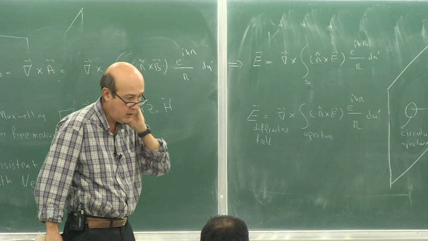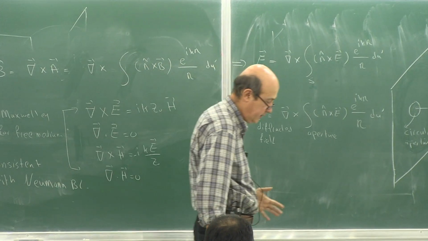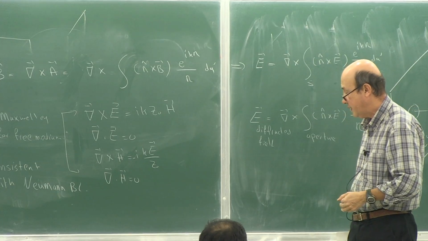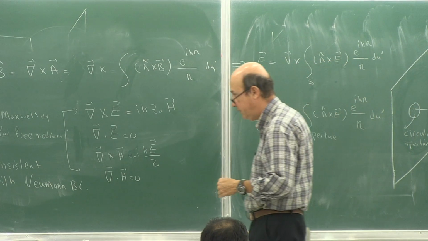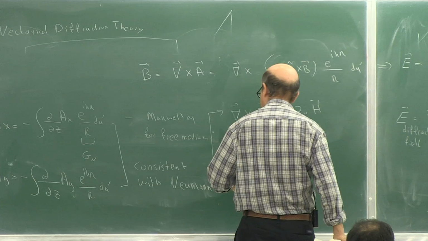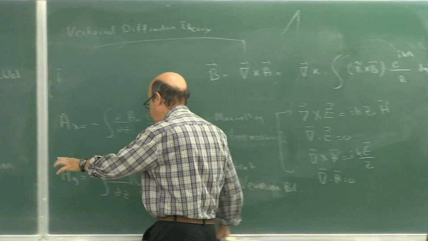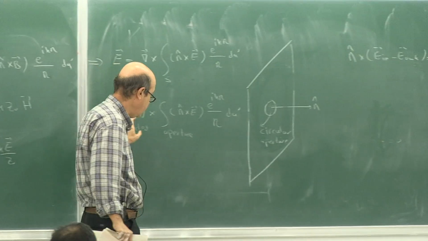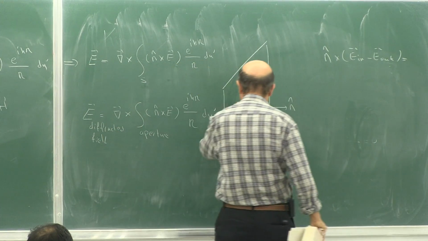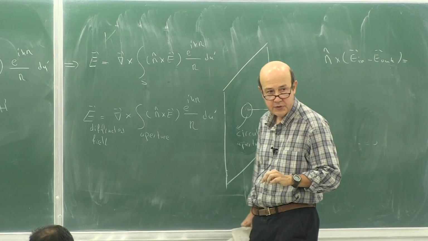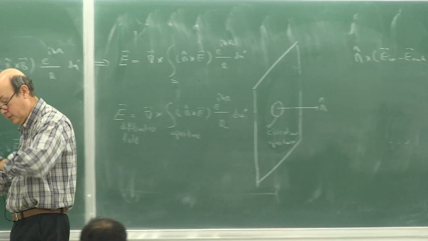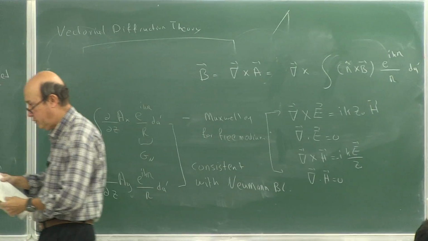So I combined everything in 1 hour: a summary of scalar and vectorial diffraction theory, the boundary condition satisfying the Neumann condition, and the form of the diffracted electric field for a circular aperture in a flat screen. So 10 minutes later I will do the application.